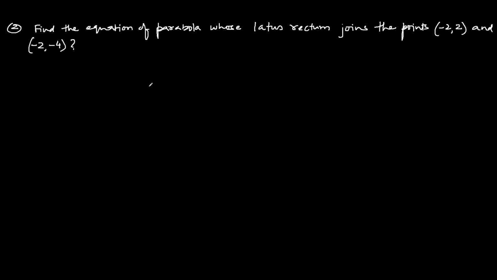This is the desired equation of the parabola. Now let's see the next, or second, question. Find the equation of the parabola whose latus rectum joins the points (-2, 2) and (-2, -4).